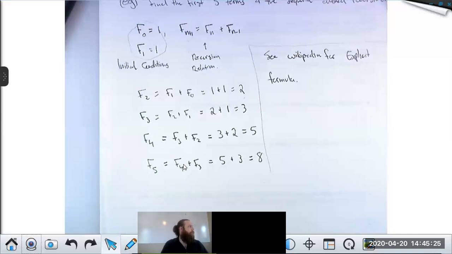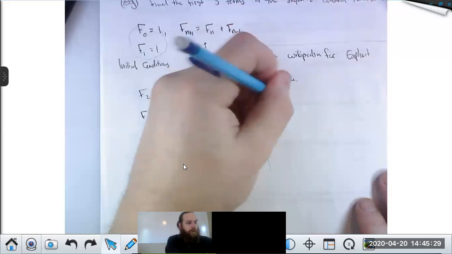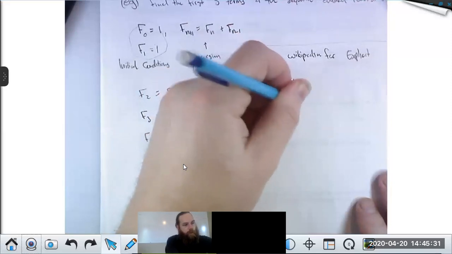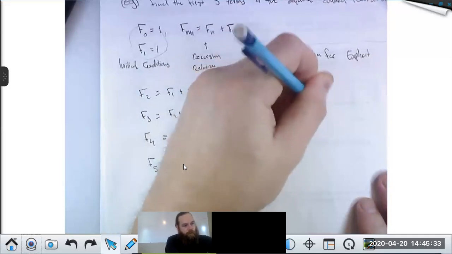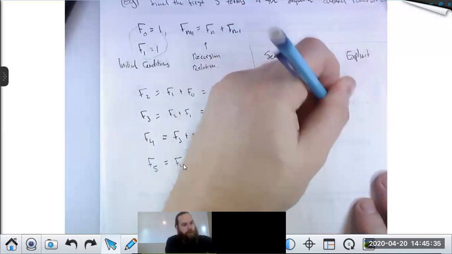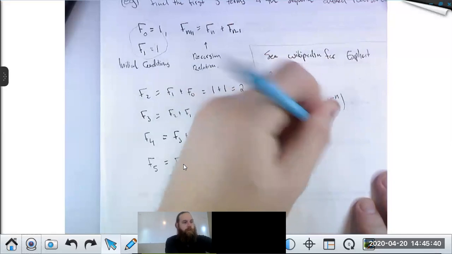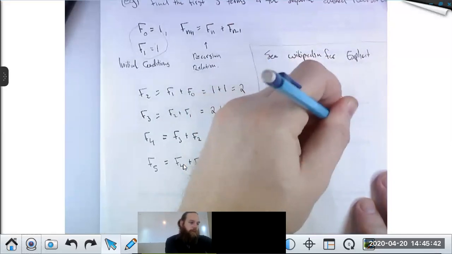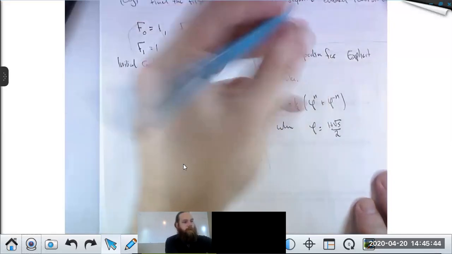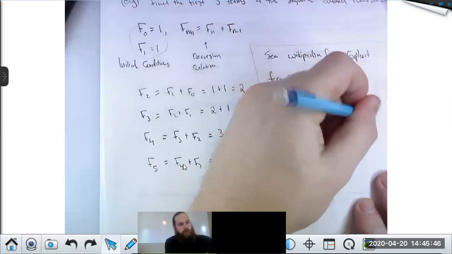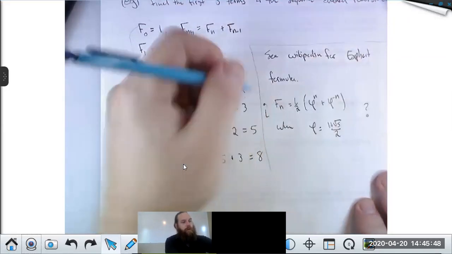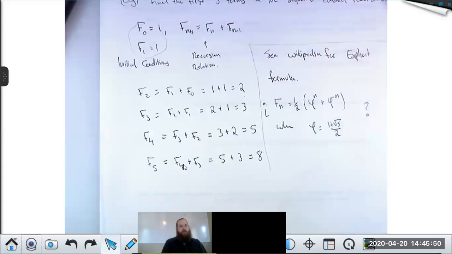But it is possible to find a formula. If I remember right, it's something like Fn is 1/2 phi to the n plus phi to the negative n, where phi is 1 plus the square root of 5 over 2. But I'm not sure. That's about what I remember, but I haven't gone through that process in a long time.